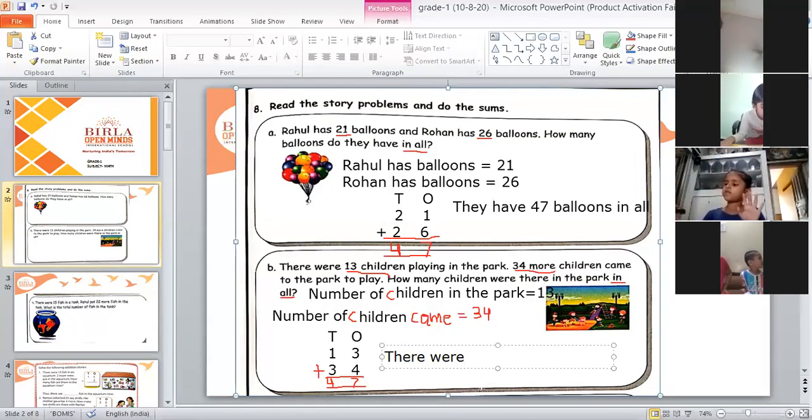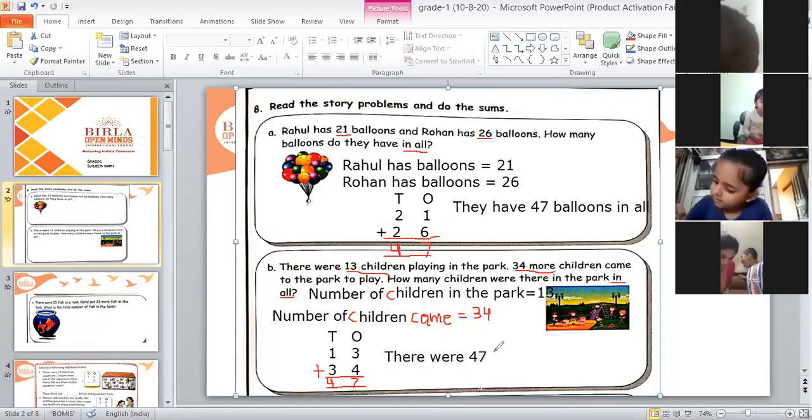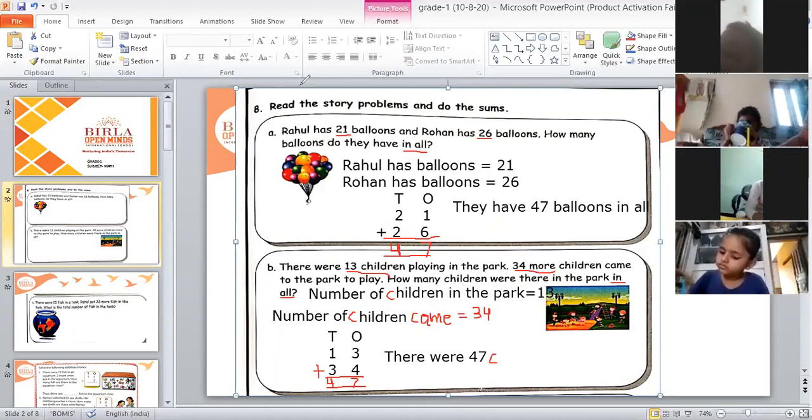There were 47 children in the park. Yes, write correct spelling. Okay, please everyone write correct spelling.